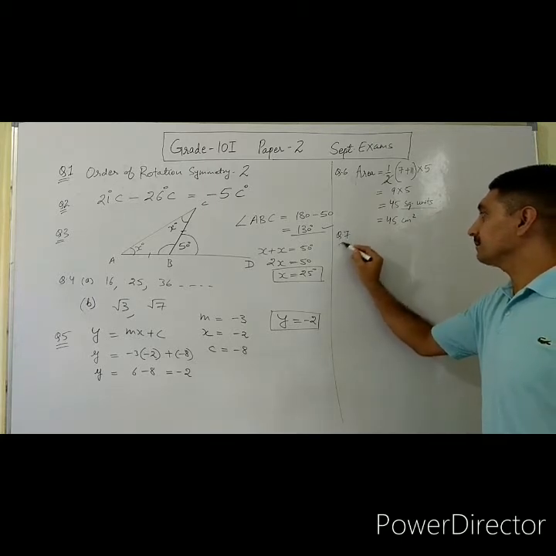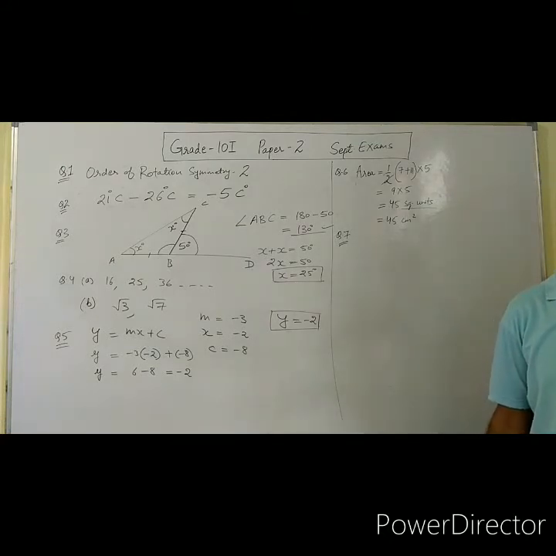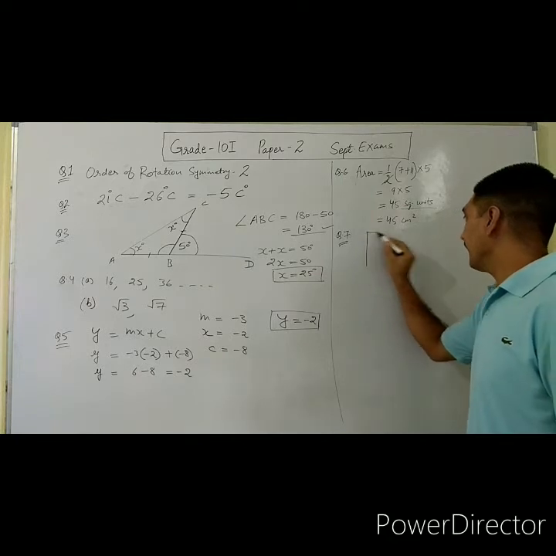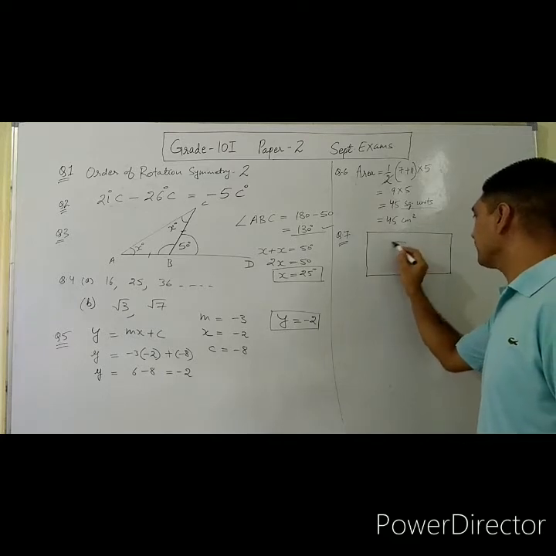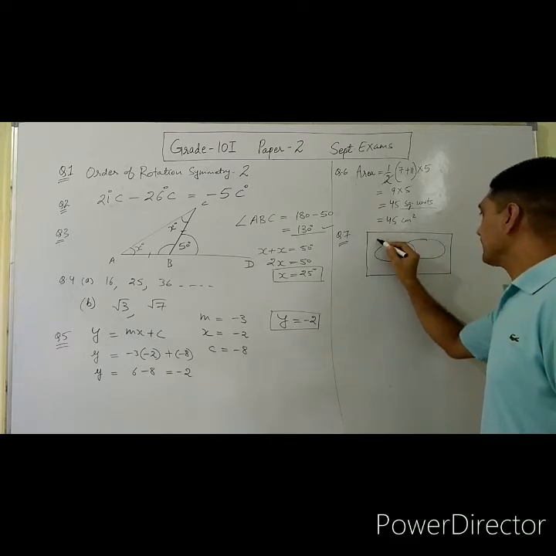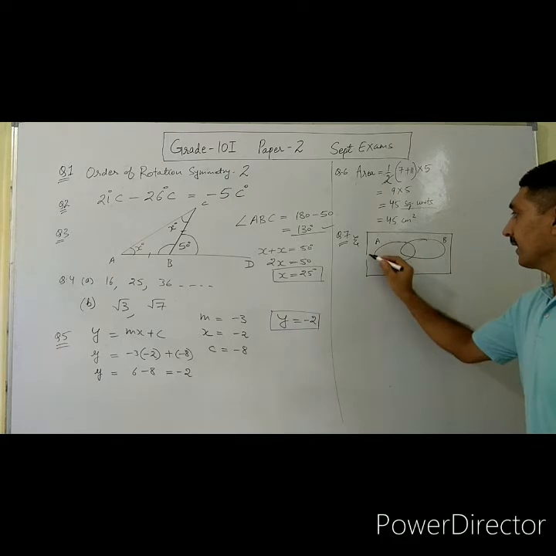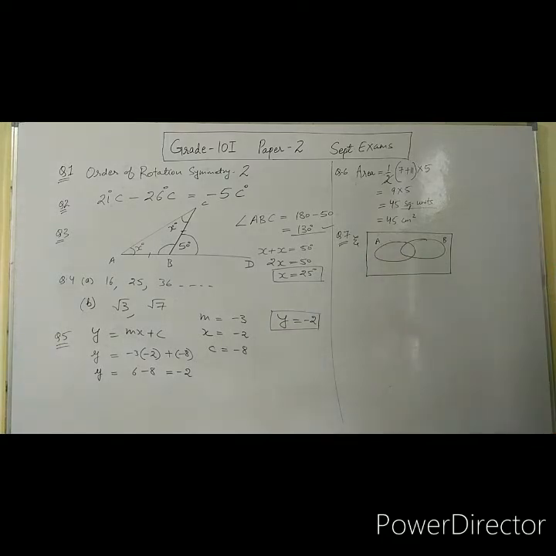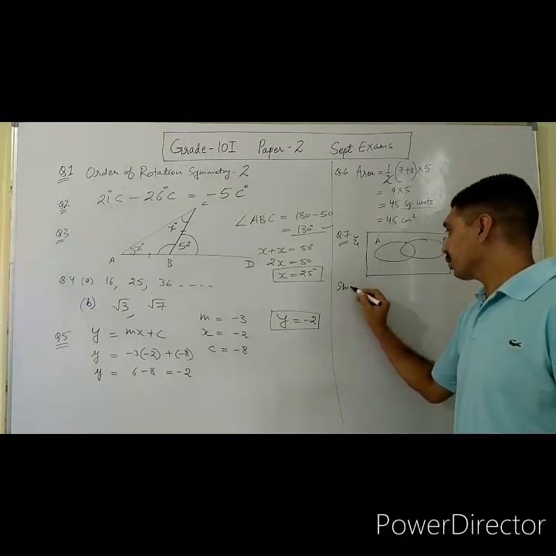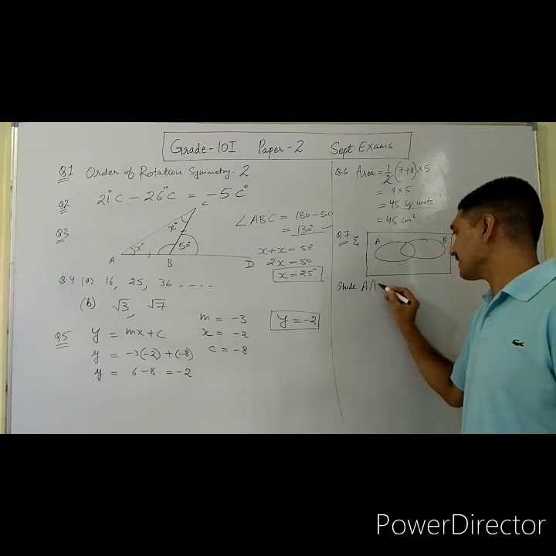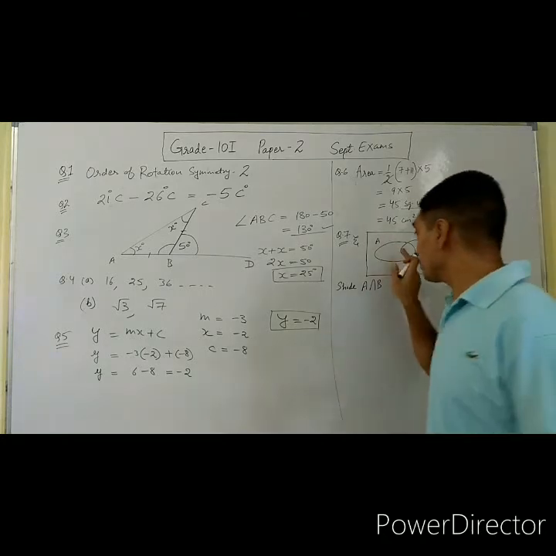Whereas question number 7 is from sets. Here the Venn diagram is given, and in this Venn diagram the two sets A and B are shown. Set A and set B, this rectangle is the universal set, and here we have to shade the region which is A intersection B. A intersection B, we have to shade this portion here.